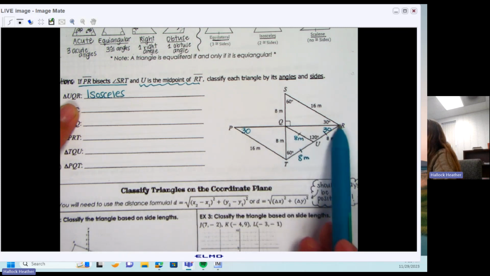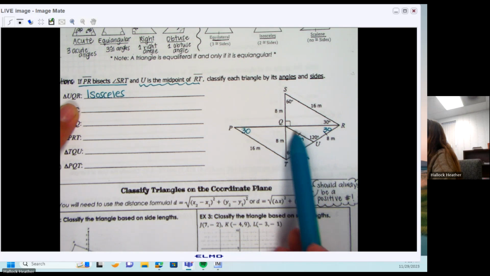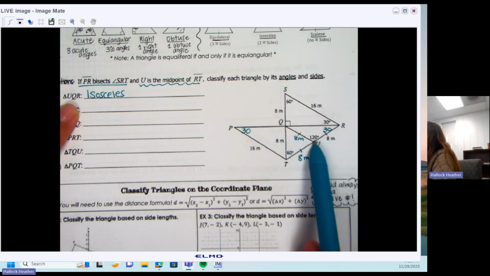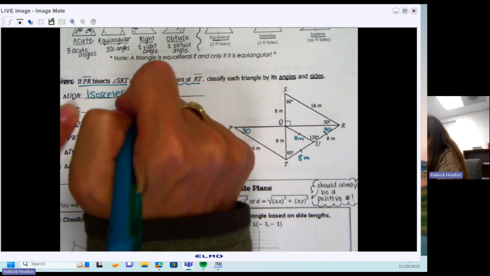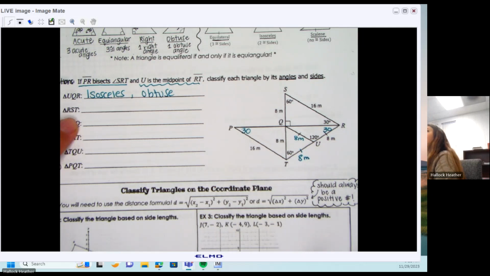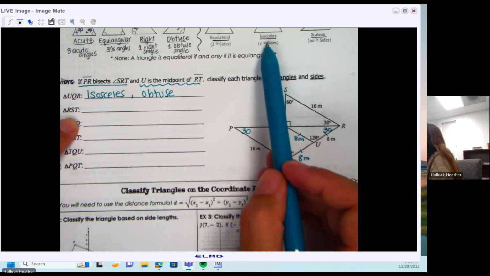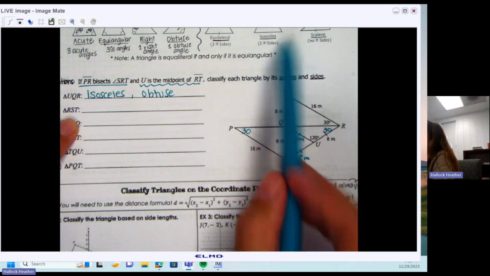So what type of angles does that have? It has one acute and it has one obtuse. So this is an obtuse triangle. Isosceles. It's on your paper at the top. It means two congruent sides.